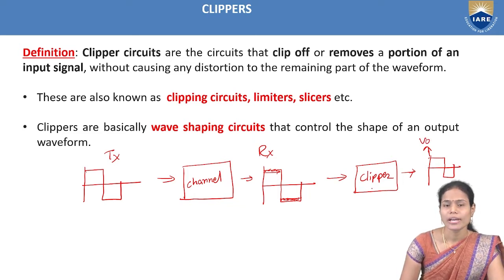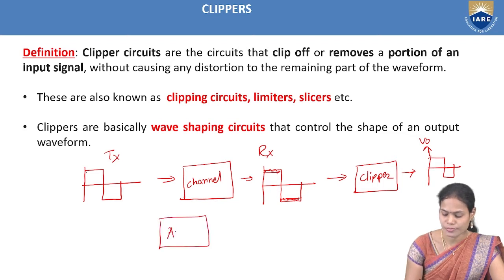But while performing this clipping operation, the amplitude of my signal reduces, so my signal is weaker now. In order to improve the strength of my signal, I apply this clipping output to the amplifier circuit.